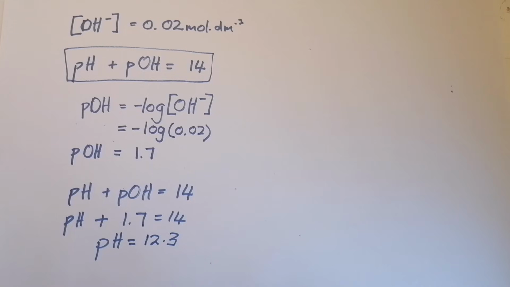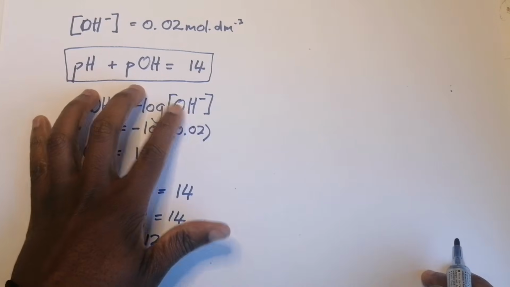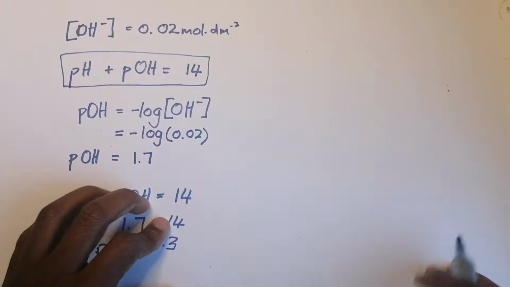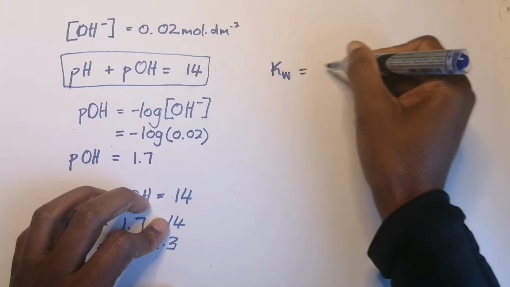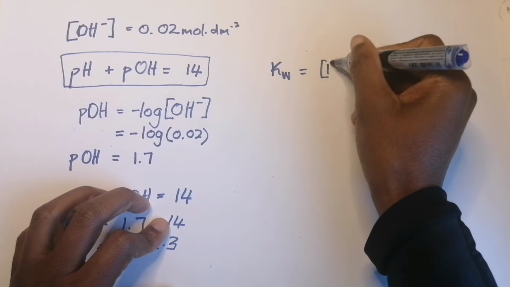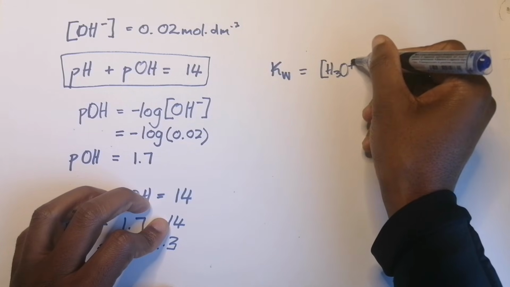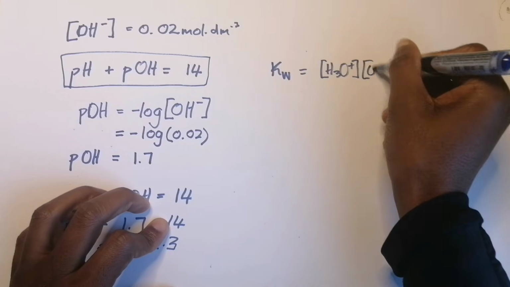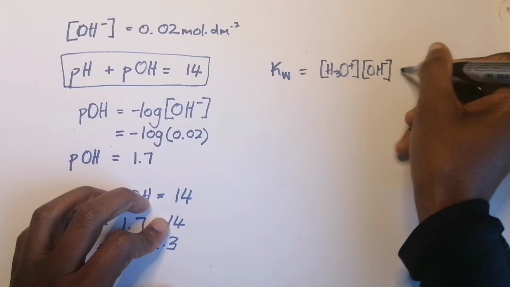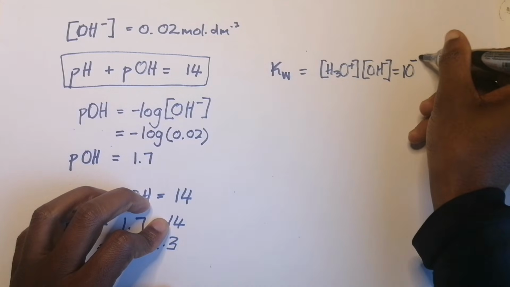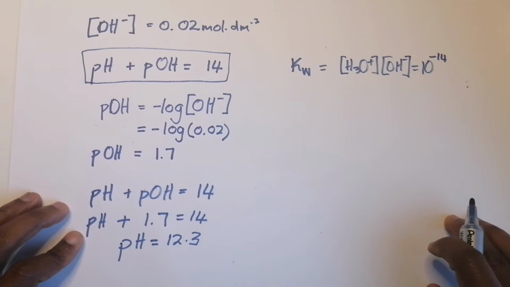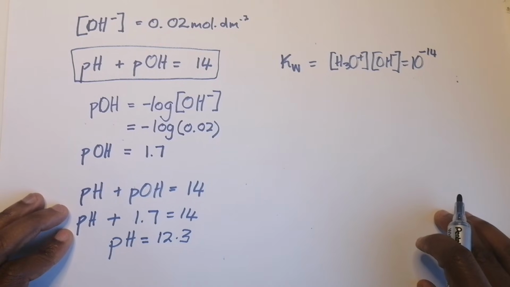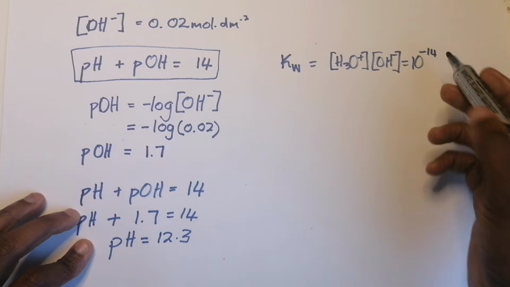Now, for some, they may prefer this method. Where the confusing part is, when I use this one, I use positive 14, but remember the other one where I give you Kw. Remember that we said the concentration of H3O plus times the concentration of OH minus is equal to 10 to the minus 14. I really don't like toggling a lot between the two methods because that's where the confusion comes.